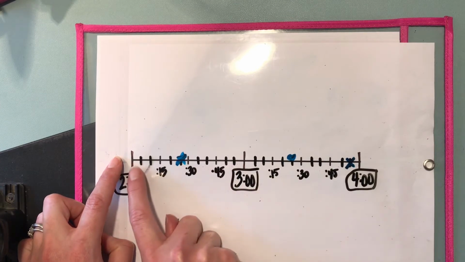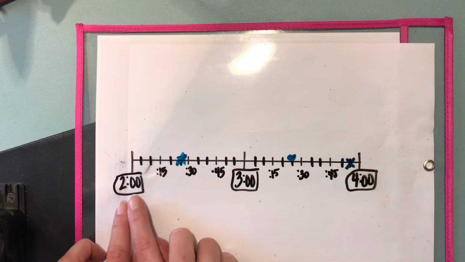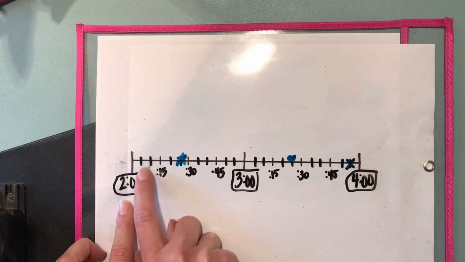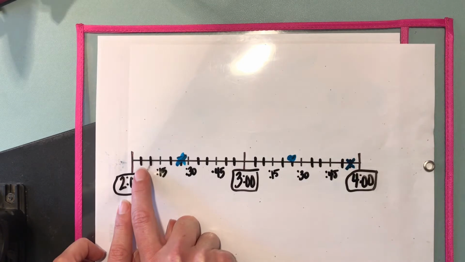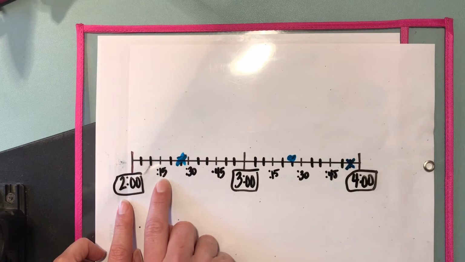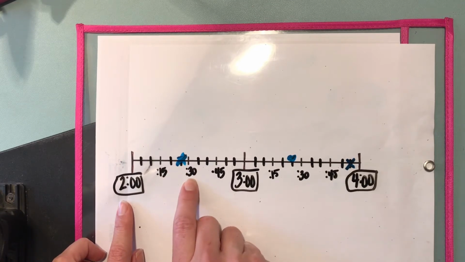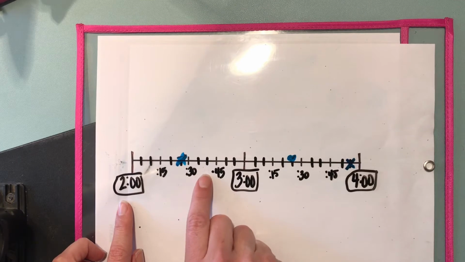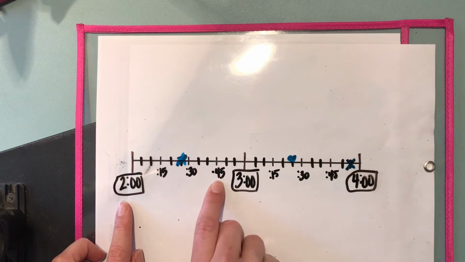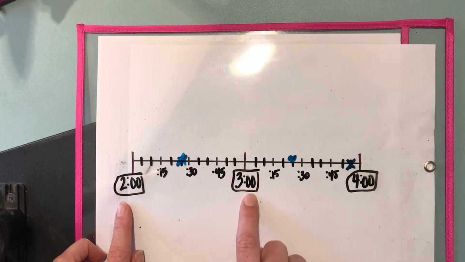That means that each of these small lines means 5 more minutes. So we start at 2 o'clock. The next line is 2:05, then 2:10, then 2:15. 5 more minutes is 2:20, 2:25, 2:30, 2:35, 2:40, 2:45, 2:50, 2:55, 3 o'clock, and so on.